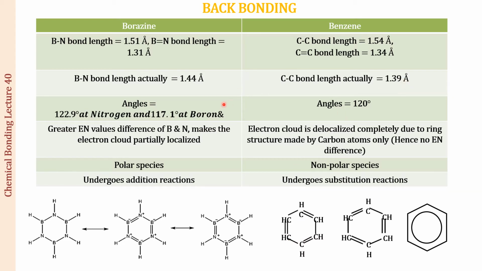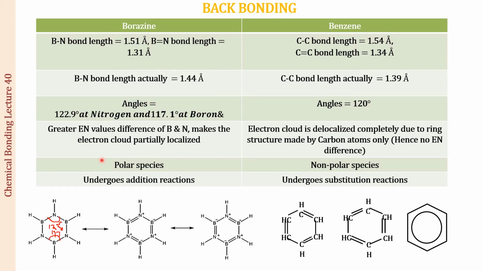The angles: if we look at the nitrogen, the angle which we find over here is 122.9 degrees, whereas at boron, the bond angle is 117.1 degrees. In the case of benzene, it is all carbon-carbon bonds, so it is a regular hexagon, and the angle value comes up to 120 degrees.